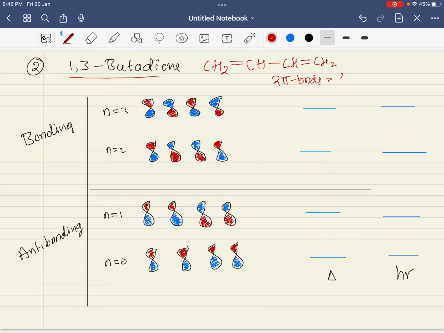This means that there are 4 pi molecular orbitals. In these 4 pi molecular orbitals, 2 will be bonding molecular orbitals, 2 will be anti-bonding molecular orbitals. You also know that in 2 pi bonds, there will be 4 pi electrons. When we put this entire information again in the form of a diagram, we will get this.